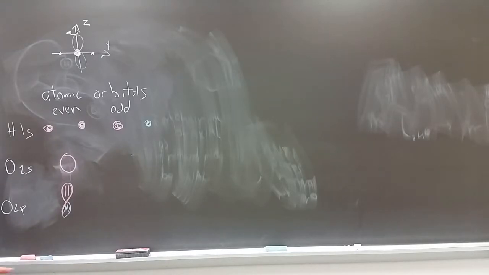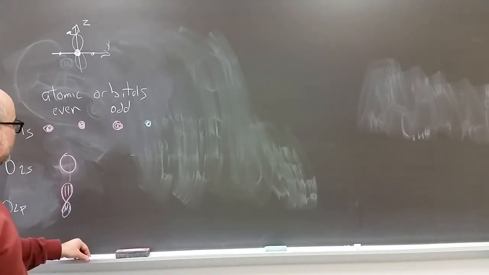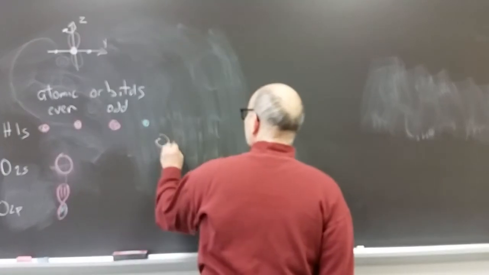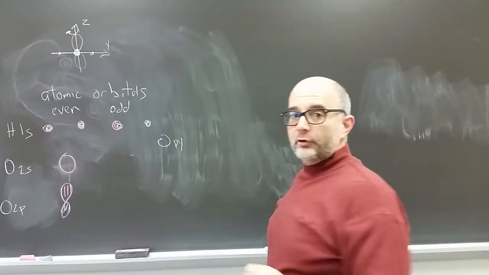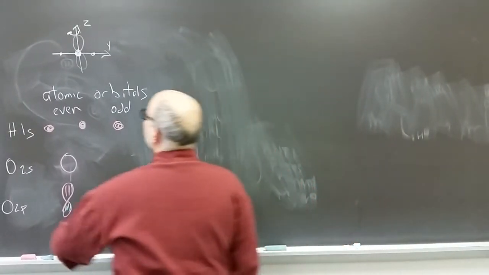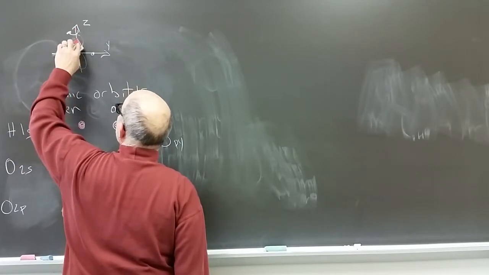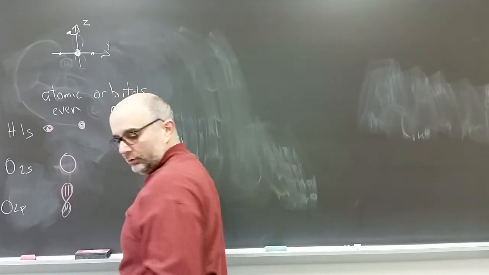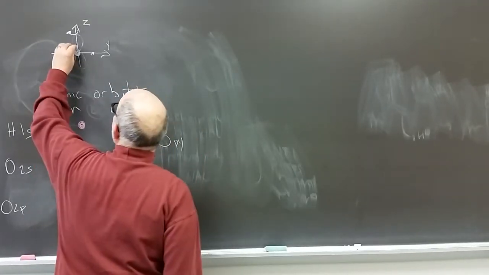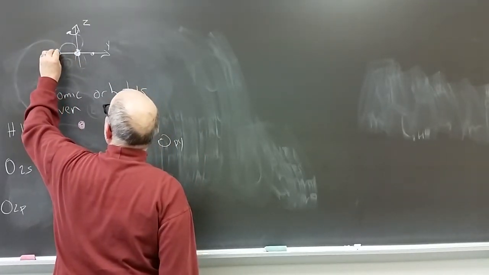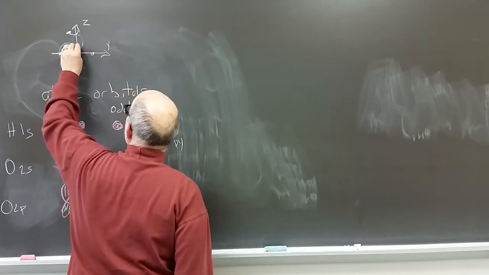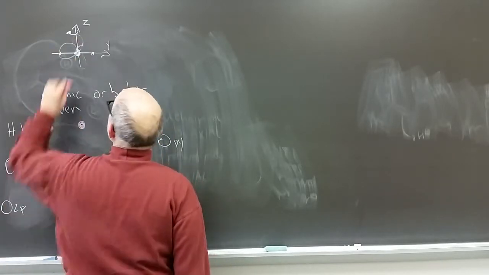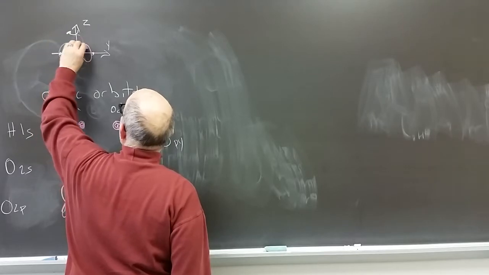The other one that we have to contend with would be the 2py on the oxygen. Let's draw that one on our coordinate system. So that one would have blue phase coming out on one side, red phase coming out on the other side.